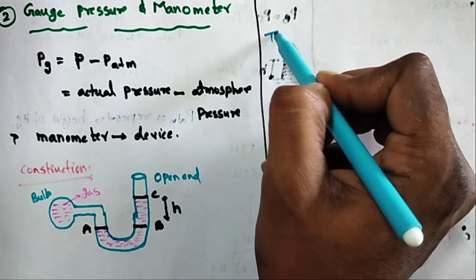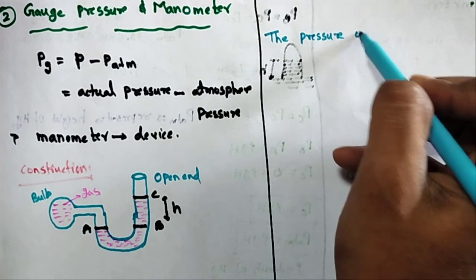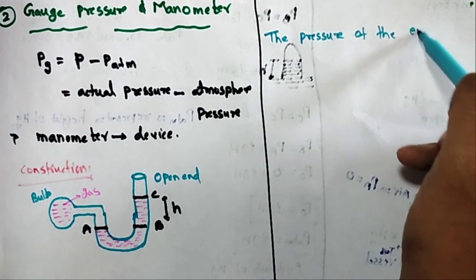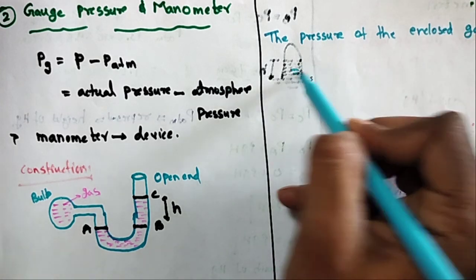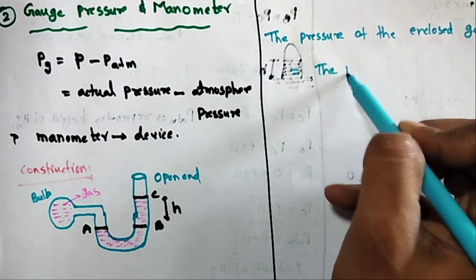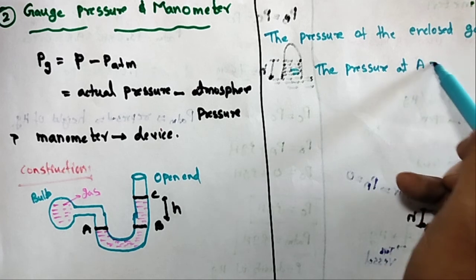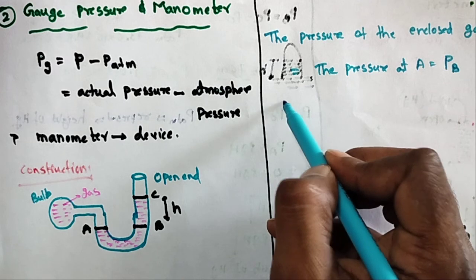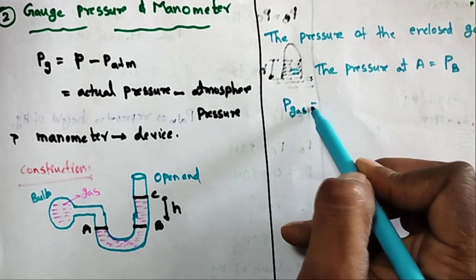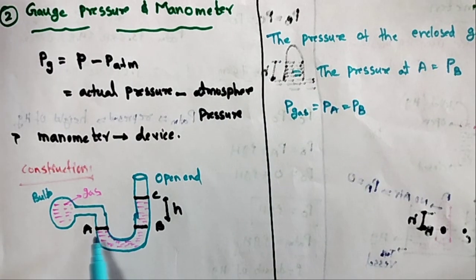The pressure of the enclosed gas is equal to the pressure at A, which is equal to the pressure at B. Therefore the gas pressure P gas is equal to PA is equal to PB, because according to Pascal's law A and B are at the same level.